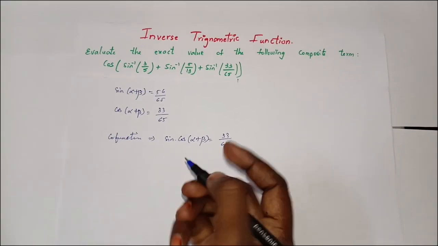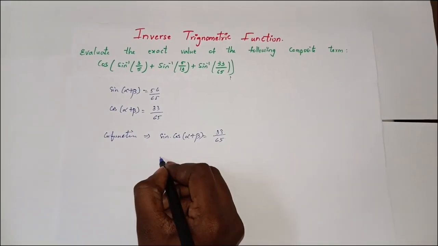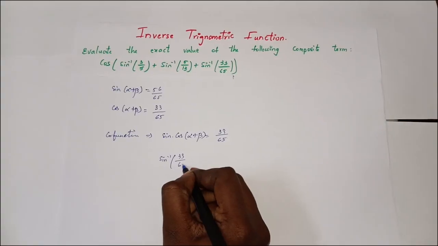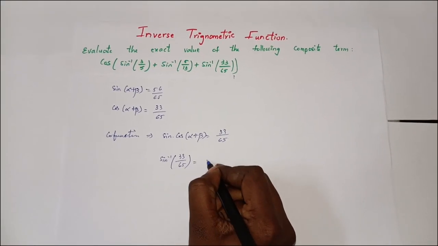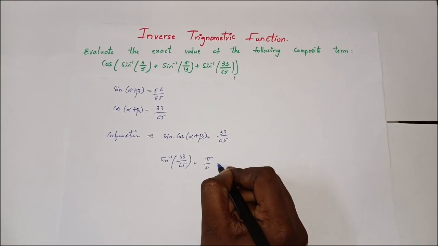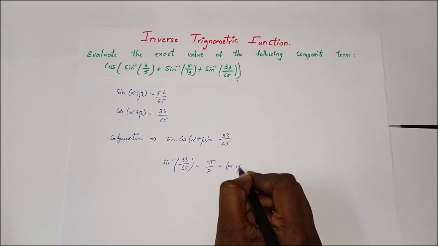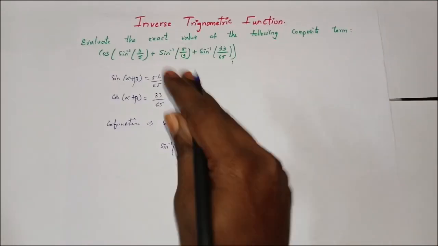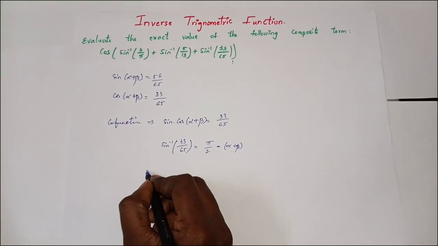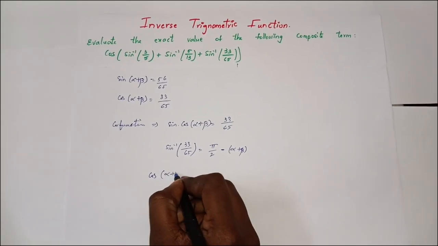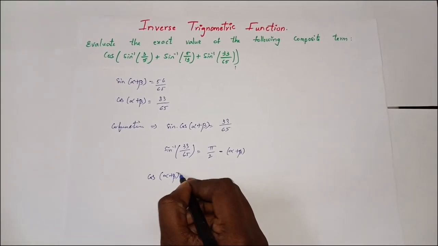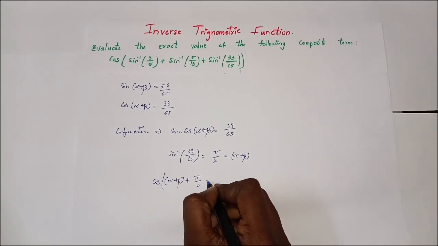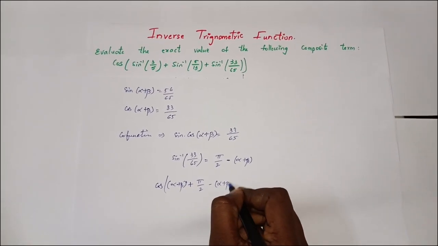By definition of inverse function, sine inverse of 33 by 65 is equal to pi by 2 minus alpha plus beta. Substituting this back into our original problem, cos of alpha plus beta plus pi by 2 minus alpha plus beta.